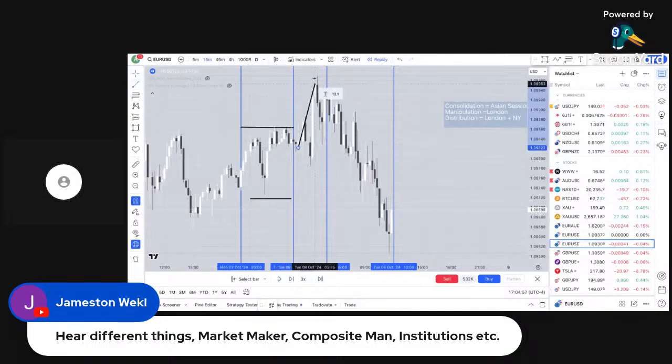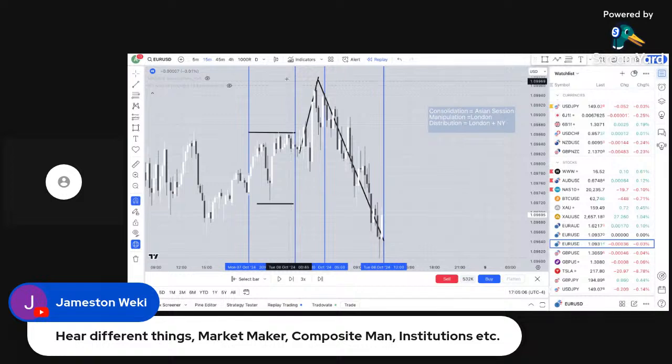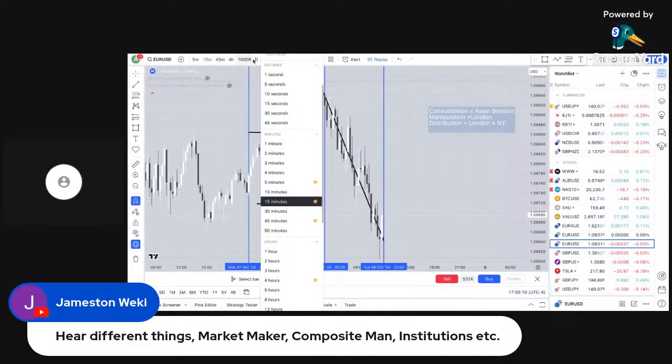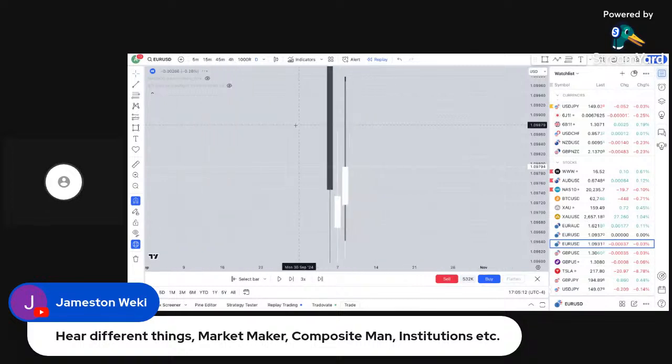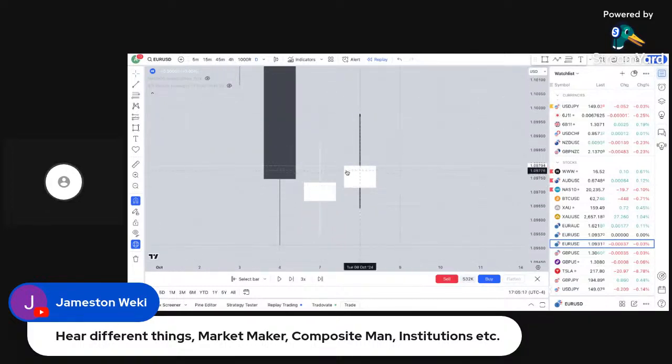Manipulation and distribution, right? And if we were to look at this candle on a daily range, I guarantee you it would show you the same thing. It set a high, it traded up, and then it went low, it traded back into the range.